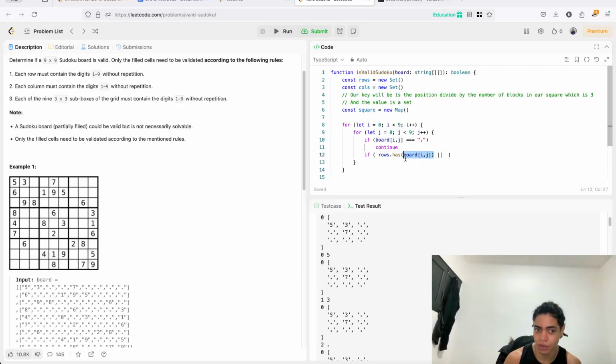If this value exists in our row or in our column, exactly, because essentially what we're saying here is this: is this value in the row?